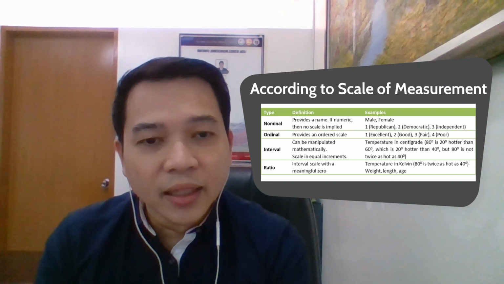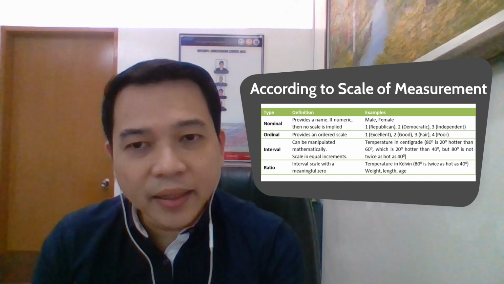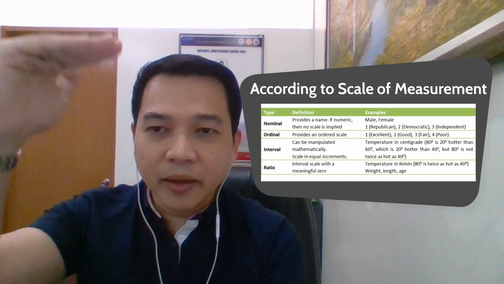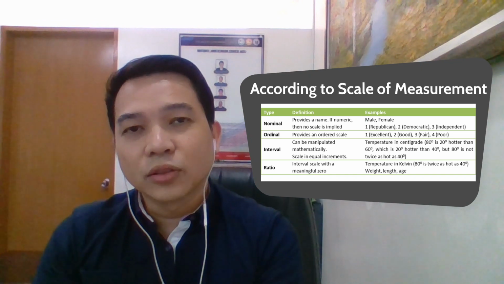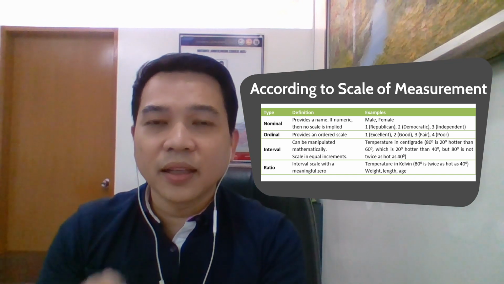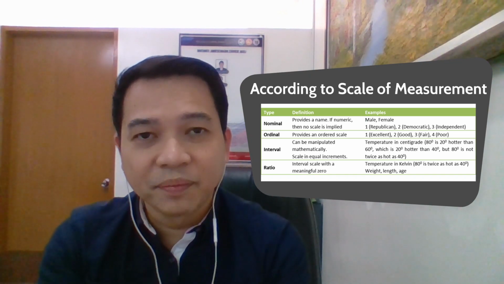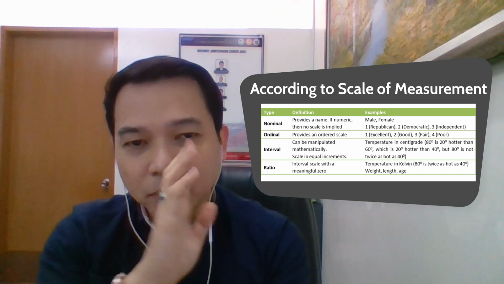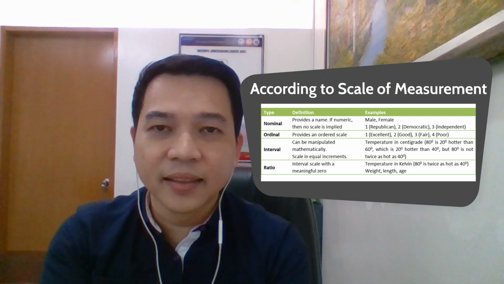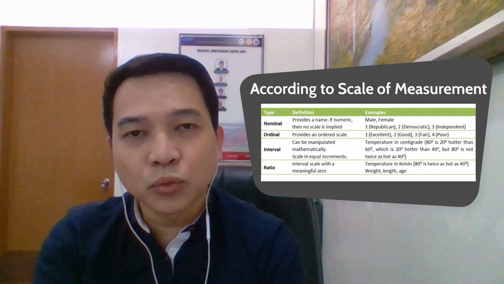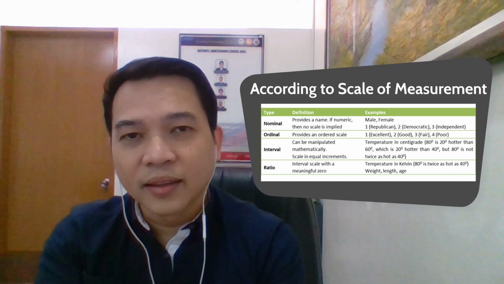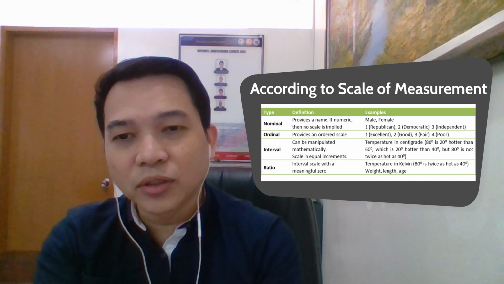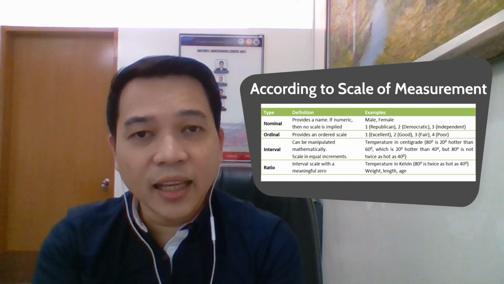For example, Democratic, Republican, Independent, they are not in terms of levels or hierarchy, so they don't fall under ordinal, but instead they fall under nominal. And also, the distinction between male and female is very nominal.